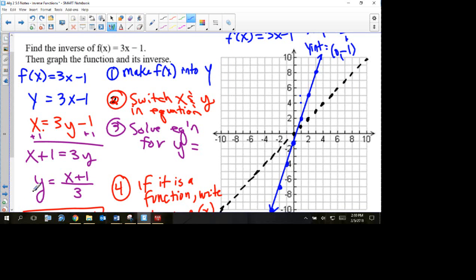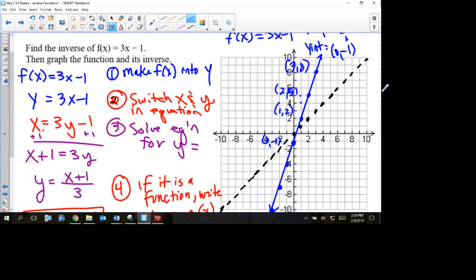So when I look at this blue one and I see points like 0, -1, and I see this point here that is 1, 2, and I see this point here that is 2, 5, sorry, looked at it wrong. And then this point up here, which is 3, 8.